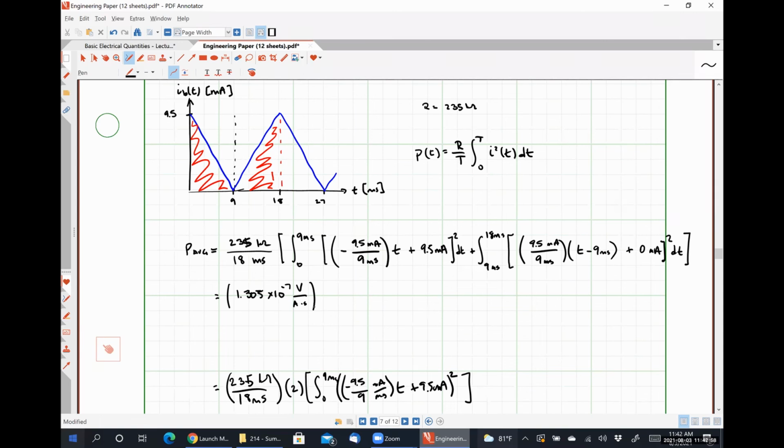I need to square this whole thing, and I didn't put quite enough parentheses in it. So let's put another one out front here.